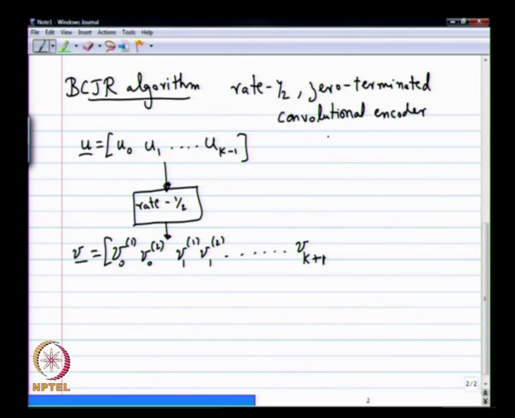I'll once again take memory to be 2, just for convenience. It of course works for everything else. So in that case, the last stage will be K plus 1, so it goes up to K plus 1.